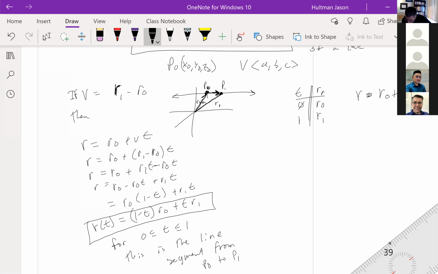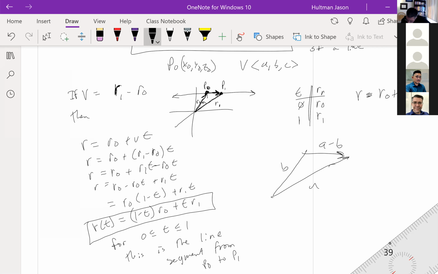Why is that? Because remember our triangle, right? If we go like this, and we say that this is A and this is B, then what is this resulting vector? Isn't that just A minus B?